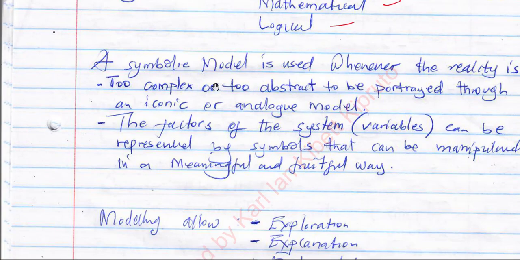A symbolic model is used whenever the reality is too complex, too abstract to be portrayed through an iconic or analog model. The factors of the system variables can be represented by symbols that can be manipulated in a meaningful and fruitful way. So you can use a symbolic model to represent the reality of something.